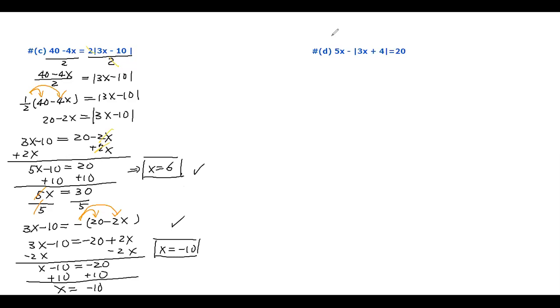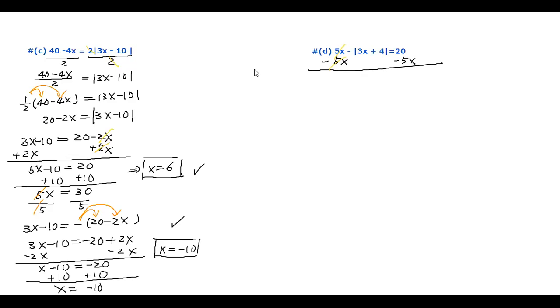Here we have 5x minus the absolute value of 3x plus 4 equal to 20, right? Like we did before, I want only the absolute value on one side. So first, I will subtract 5x from both sides.